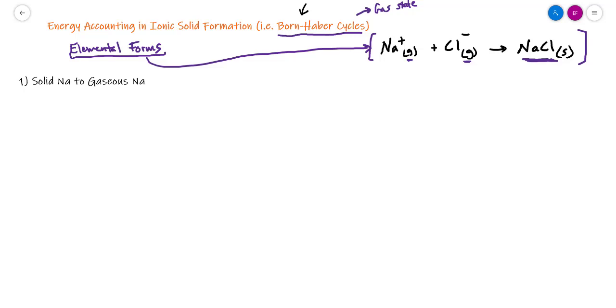And so the elemental forms of sodium and chlorine are going to be Na(s), sodium solid, and chlorine gas, Cl2, like this. So how do we take sodium solid and transform that into Na+ gas, and how do we take chlorine gas, Cl2, and convert that into chloride ion gas? So we're going to walk through each of those steps. We're going to add up all the different energies, and then that will tell us whether or not this compound is favorable or unfavorable to form.